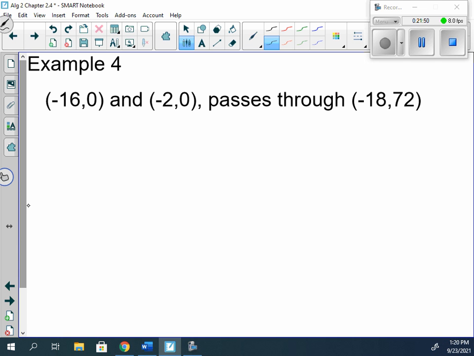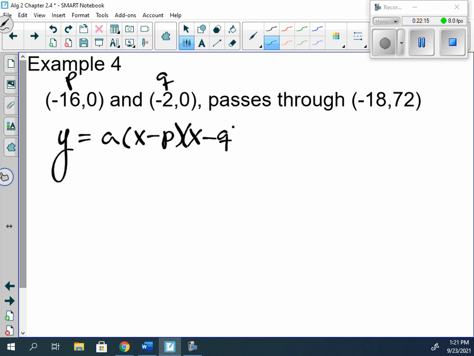Whenever the value of y is 0, it's an x-intercept. It's where it crosses the x-axis. So what they gave us were the 2 x-intercepts, which is really telling me that I have my p and q. So the equation we're using is y is equal to a parentheses x minus p times x minus q.